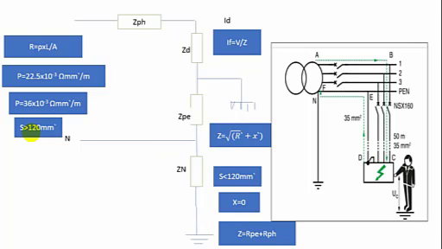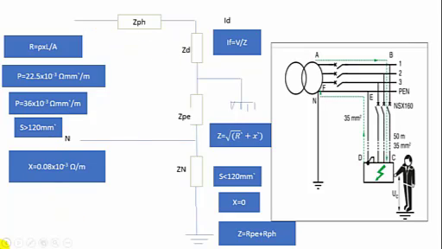For this example, we have a section equal to 35 millimeter square.